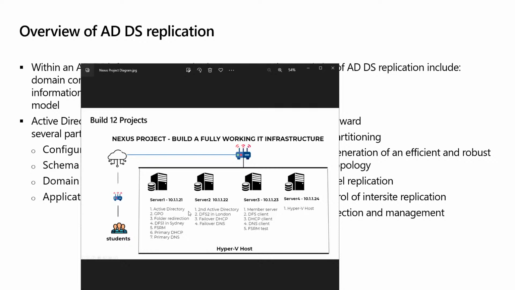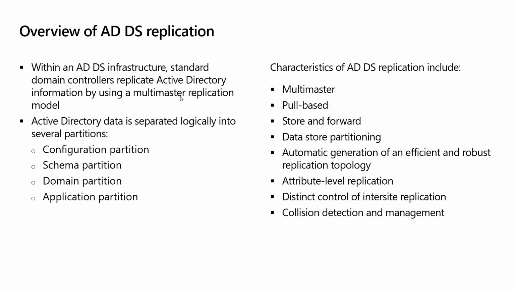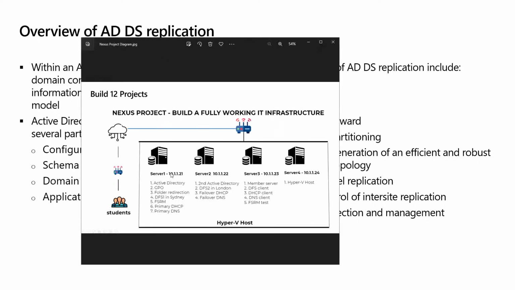How do they copy to each other? They copy using multi-master, which means everyone is a master. Server 1 can push database updates to server 2. Server 2 can download the database from server 1. Both are masters. They can send and receive at the same time.